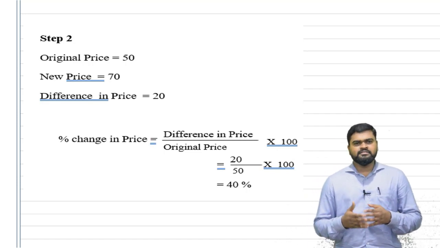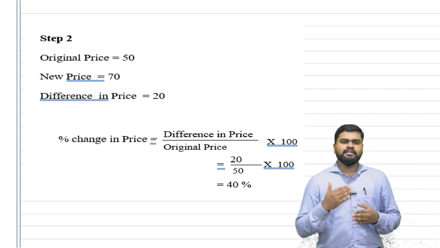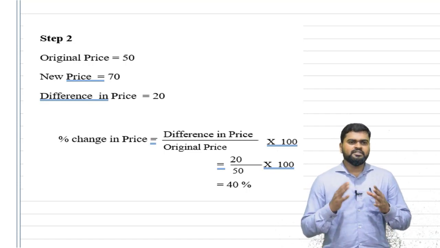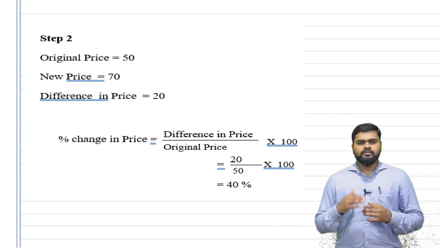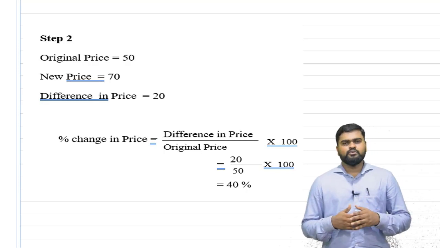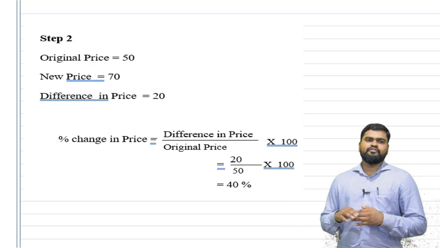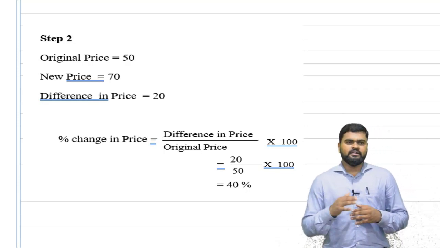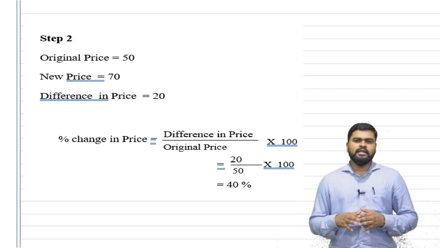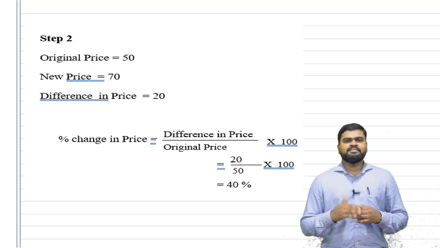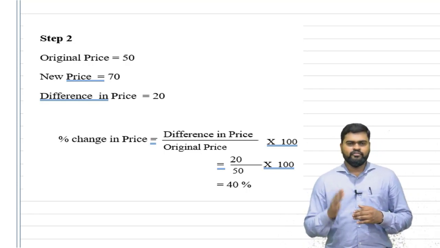The difference is 70 minus 50, so the difference in price is 20. Putting this into the formula, difference in price 20 upon original price 50 multiplied by 100, we get the answer, 40%. So percentage change in price is 40%.